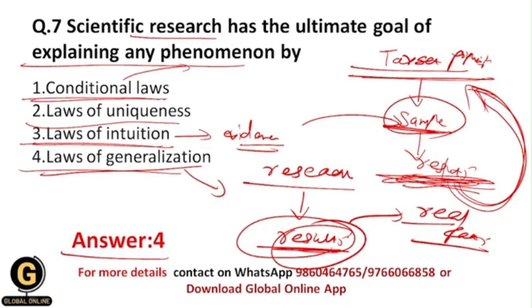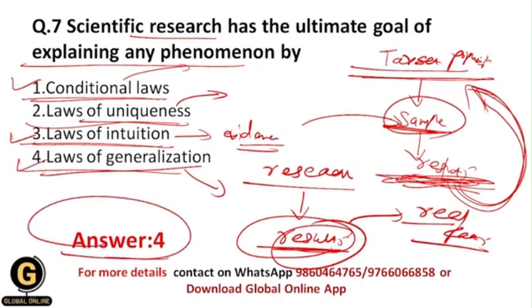And laws of uniqueness means that the things or materials have unique properties, but this kind of law is not applicable in research methodology. Conditional laws, laws of intuition and laws of generalization, these are the three laws which are applicable in the research methodology section. Okay, that's why here the correct answer is 4.